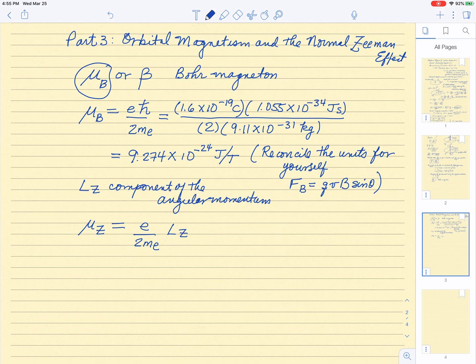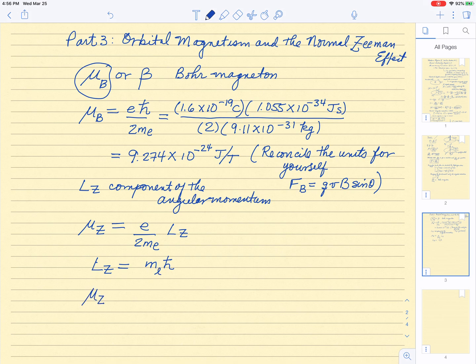And L sub z in magnitude, recalling from the hydrogen atom, is equal to m sub L times h bar.